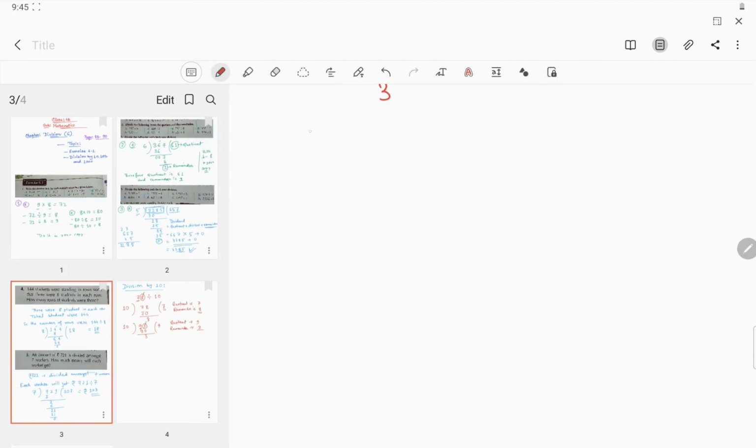Now we want to learn, if you divide a number by 100, what would you expect? So 143 divided by 100.